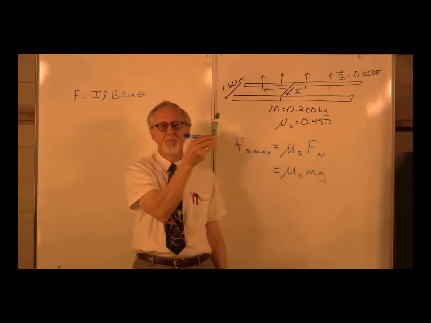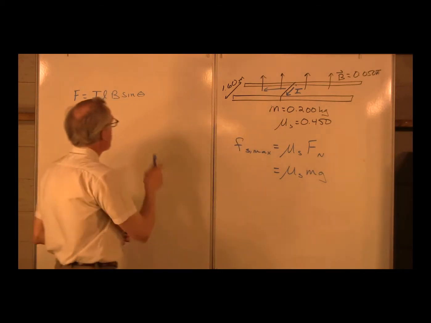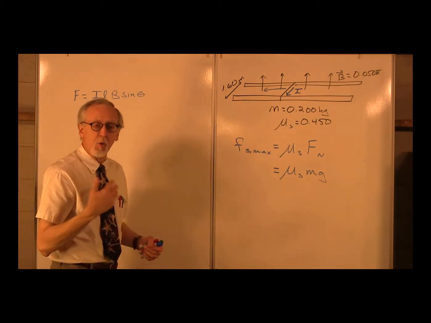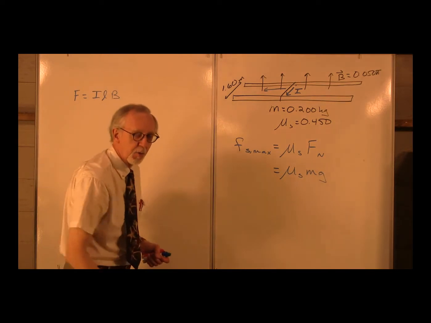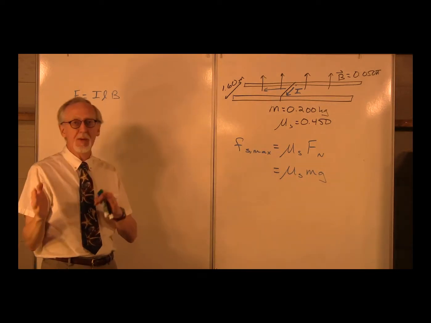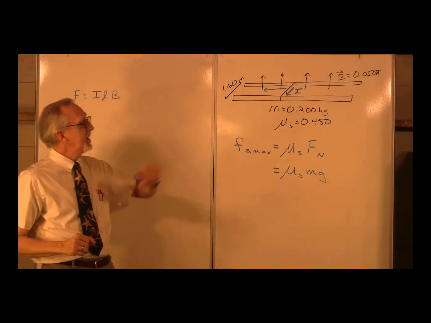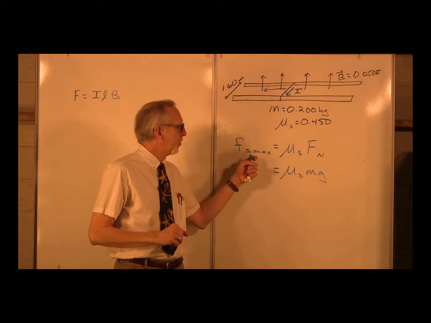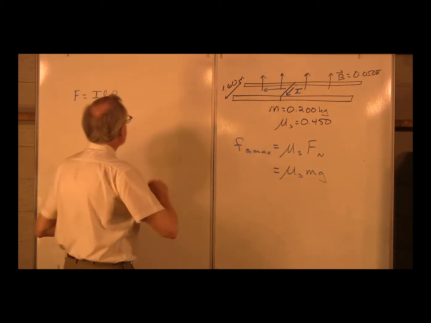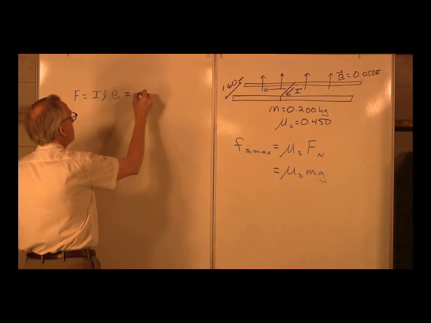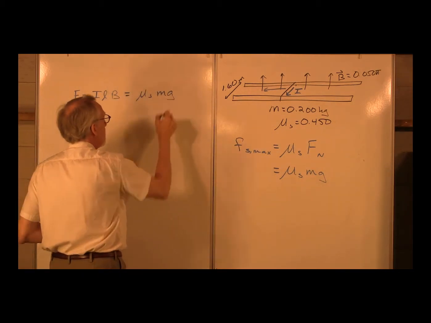What's theta? 90 degrees. So sine of 90, what is sine of 90? 1. So we'll just take that right out of there, and we'll just say that the force, in this case, is ILB. That's the force that needs to overcome the force of static friction, which is mu s mg. In other words, this must be equal to mu s mg.